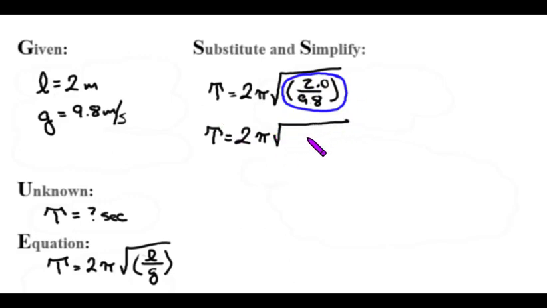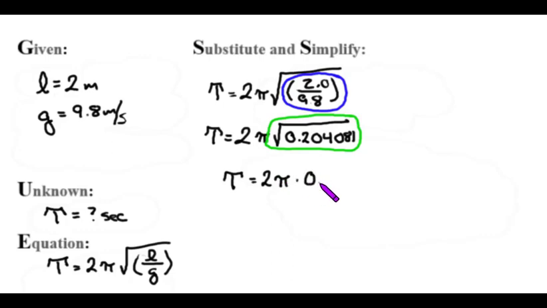Square root of 0.204081. And then I'm going to take the square root next. And I get a result of 0.45175.